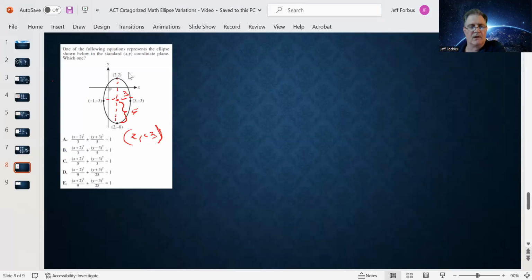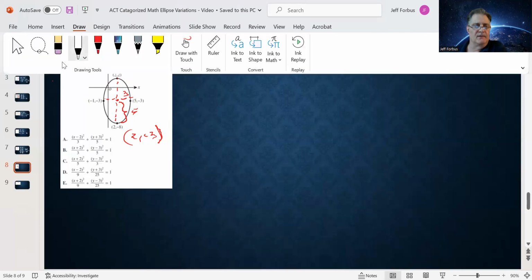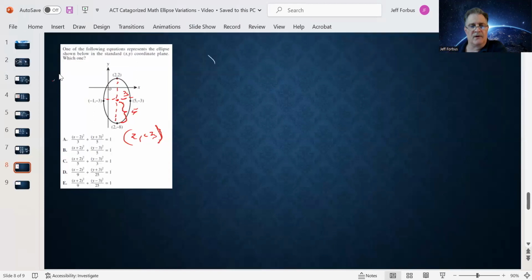So therefore, for our equation, I'll remind you that the major is around the y-axis. Let me change my pen color. So our equation is going to be set up like this. The major's around the y-axis, so b is going to be with the x value, and a squared is going to be with the y value.